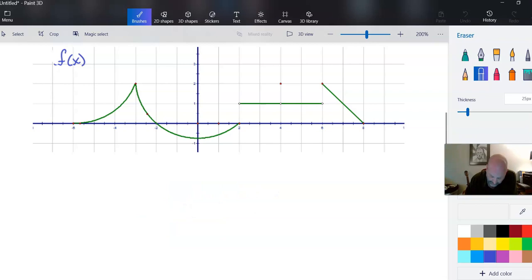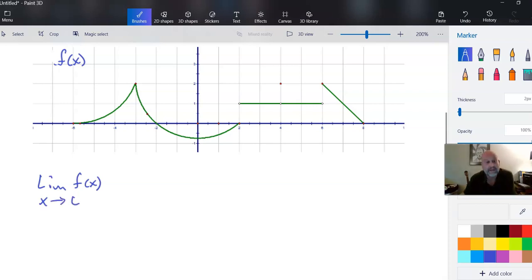Okay, if you're going to be approaching something from the right-handed side, right? So if I wanted the limit of f of x as x approaches c, and I want to indicate that I'm approaching c from the right-hand side, what I do is I write a little plus next to the c.